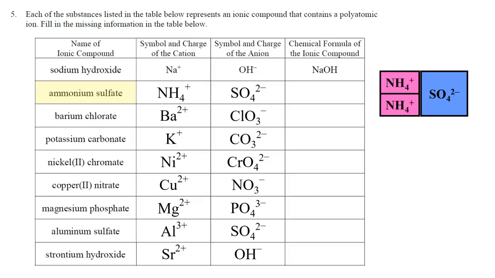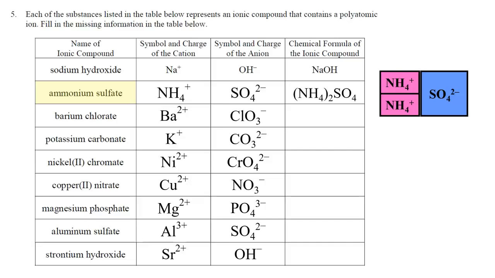But you'll also notice that we have an issue that has not come up before in the other examples in this video: what do we do when we have a polyatomic ion and we need more than one of that polyatomic ion? Well, if you need more than one ammonium, this is what you do. You wrap parentheses around the chemical formula of that polyatomic ion.